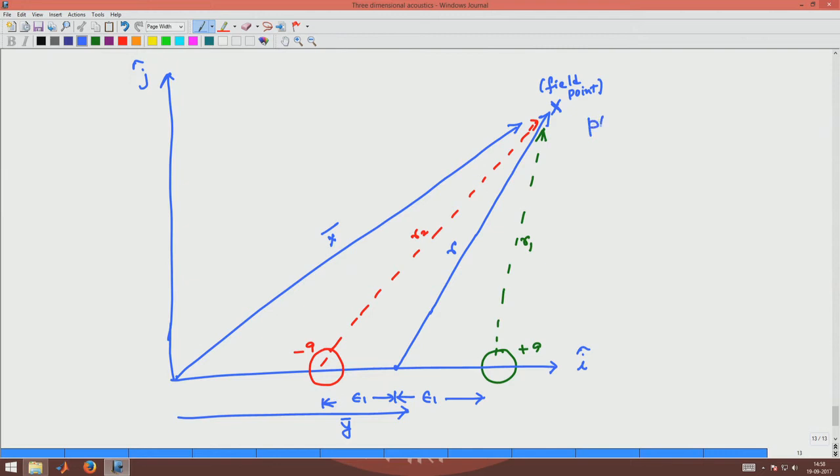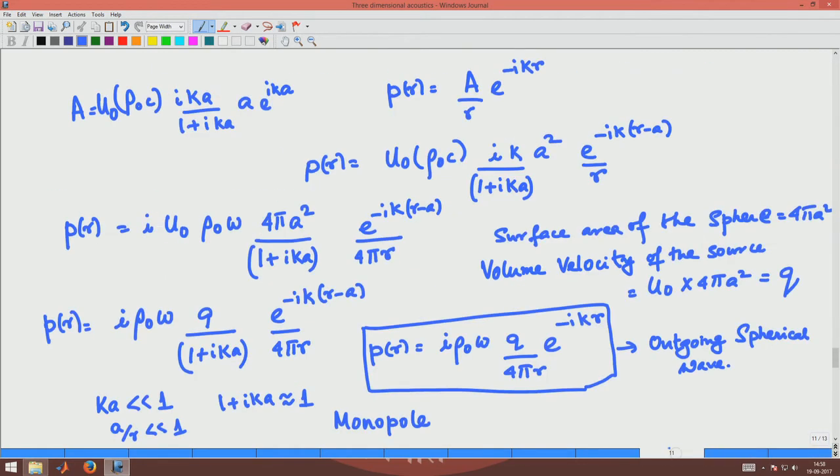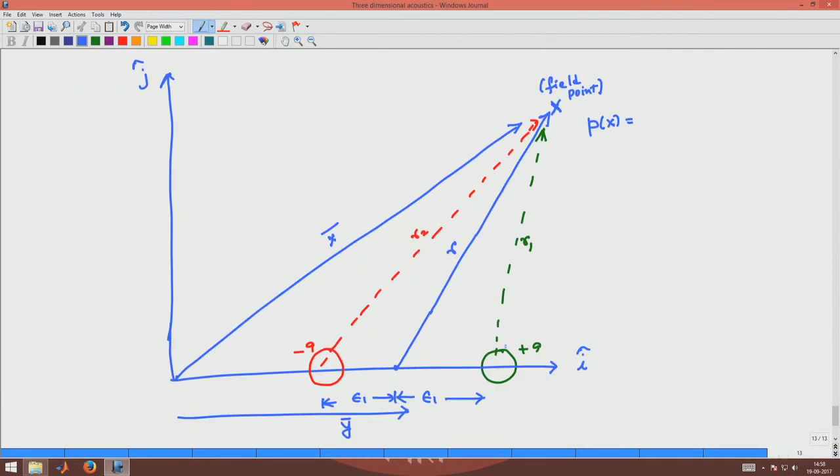So, the acoustic pressure at this point x is given by the following. We have to understand that this acoustic pressure is a superposition of the acoustic pressures due to each of these two monopoles, and we know how to calculate the acoustic pressure for each monopole. The formula is already sitting here. If we apply this, we just need to keep in mind that r 1 is the distance vector from the positive monopole to the field point, and r 2 is the distance vector from the negative monopole to the same field point.